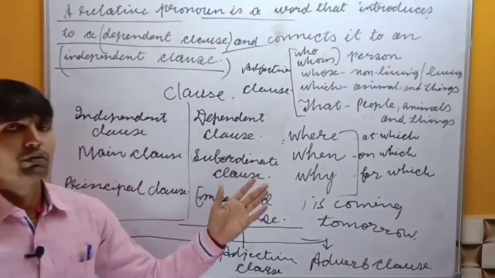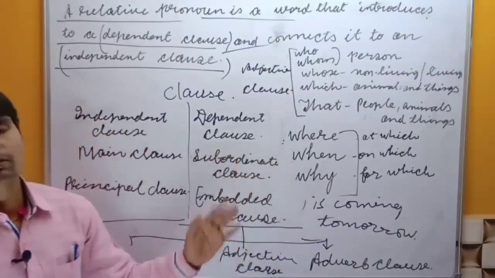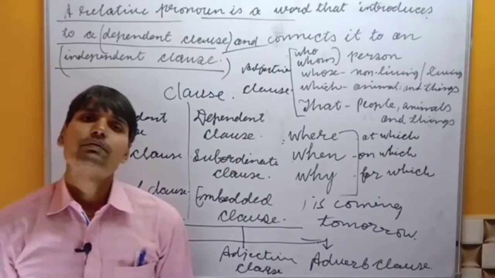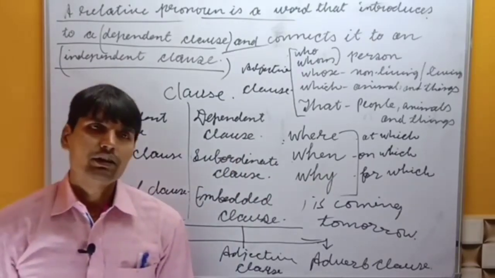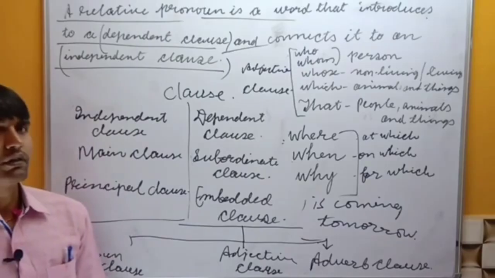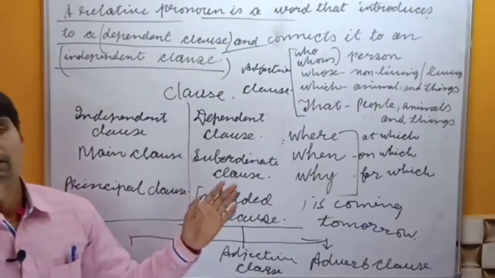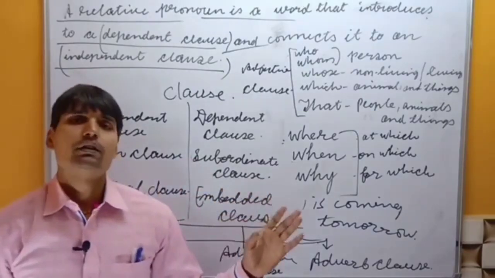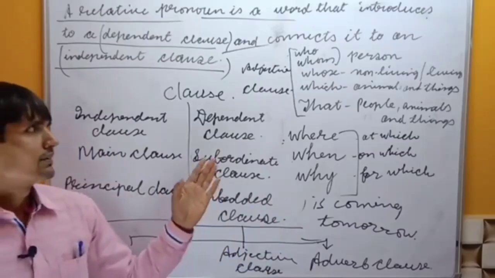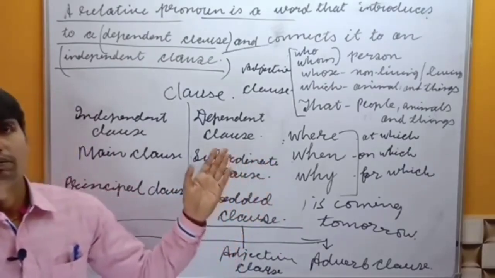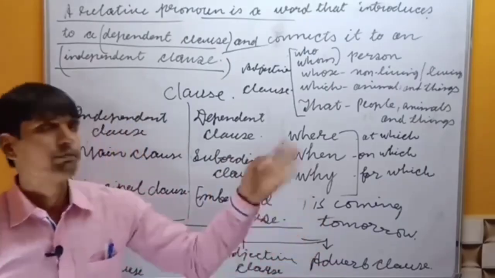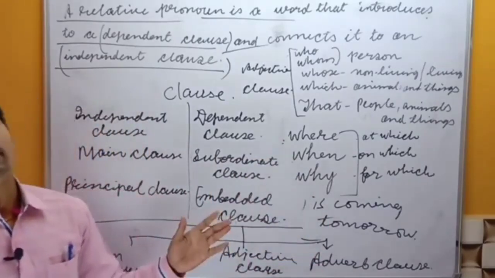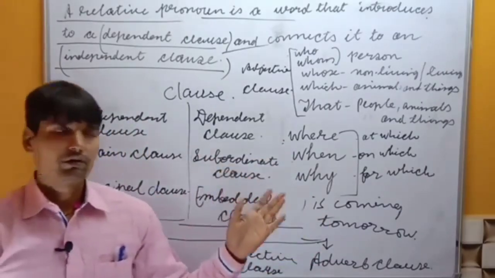Whatever words come before these relative pronouns are nouns or pronouns, and they are defined with the help of these words, so they are the adjective clause.